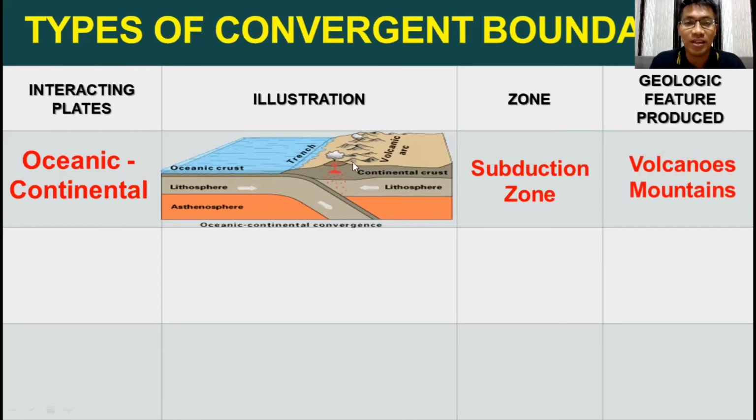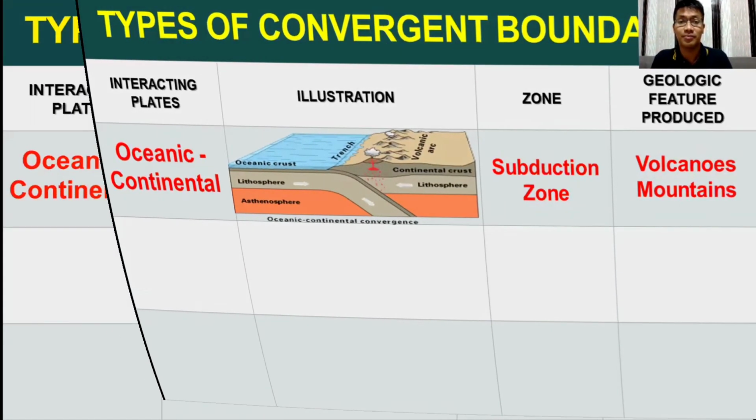If you could see in the pictures, there are a lot of volcanoes around the area because, again, since they are converging, some of the areas are moving upward. And so it forms either mountains or volcanoes.